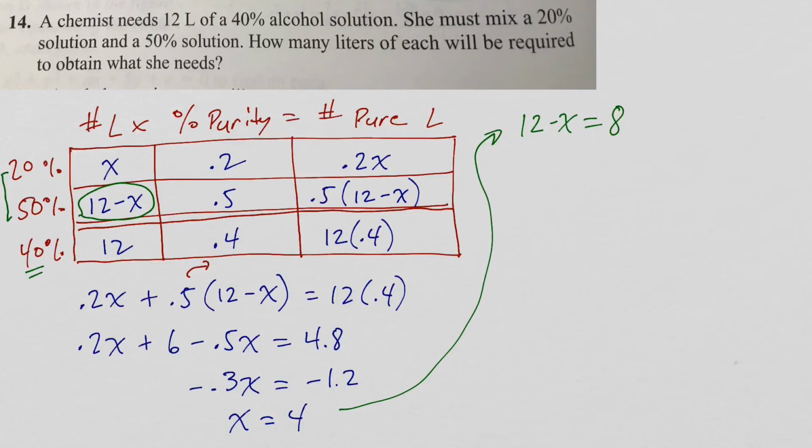So I know that there are 8 liters of the 50% alcohol solution, and I have 4 liters of the 20% alcohol solution.